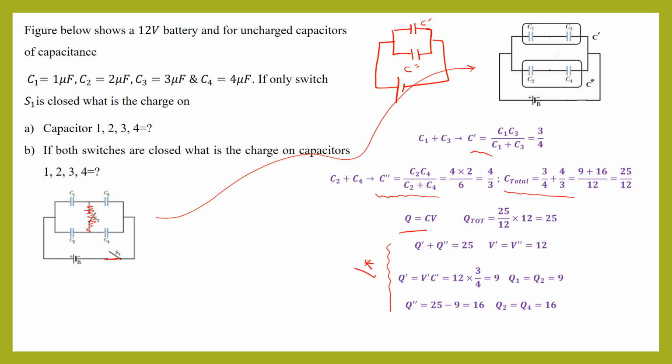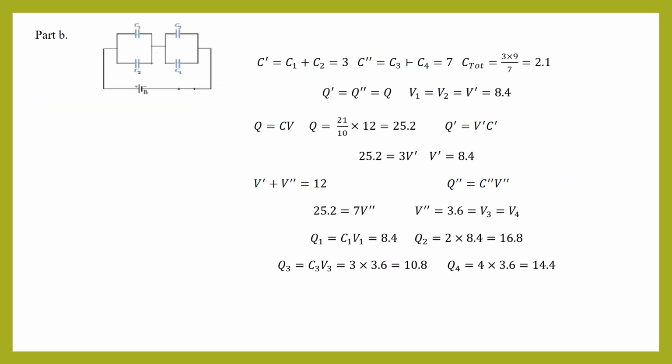It's important, everybody. This is part B of the previous question. Both switches S1 and S2 are closed. Then the combination of capacitors will have this form, in which we can call C1 and C2 C prime. This part is called C double prime.